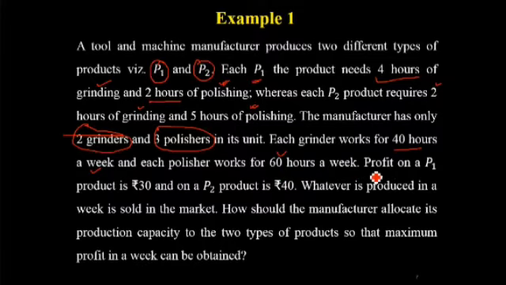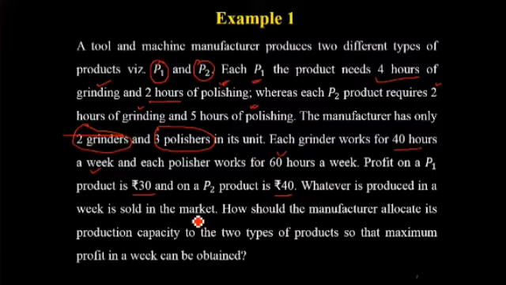Next, the profit on a P1 product is 30 rupees and on a P2 product is 40 rupees. Whatever is produced in a week is sold in the market, so we don't bother about whether it will be sold or not.